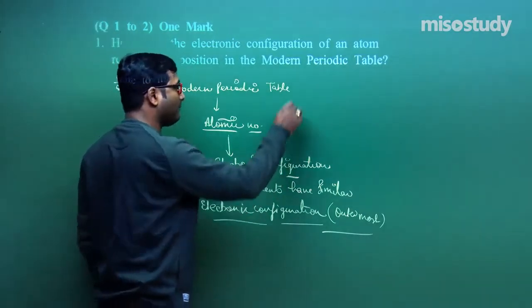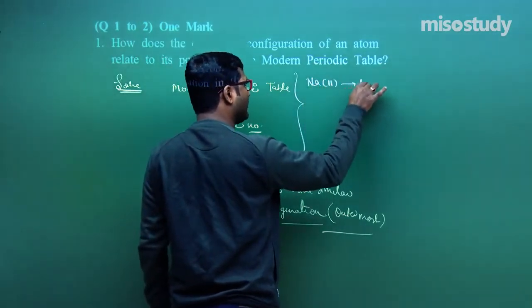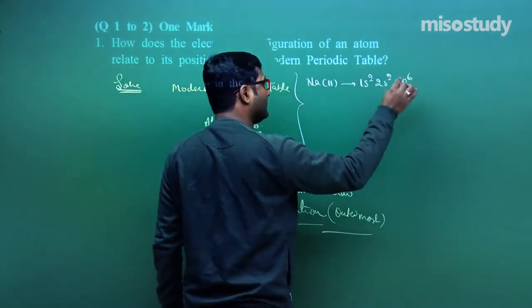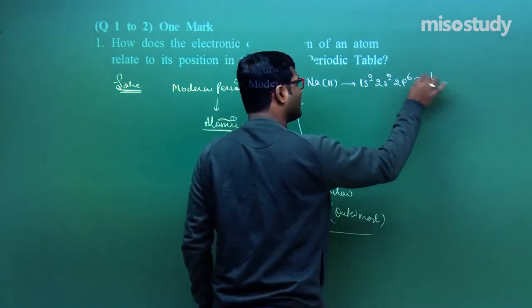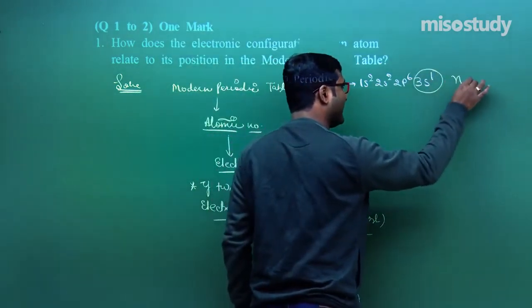For example, if I write sodium, as we know, sodium has electronic configuration 1s2, 2s2, 2p6, then 3s1. Look, the outermost electronic configuration is ns1.